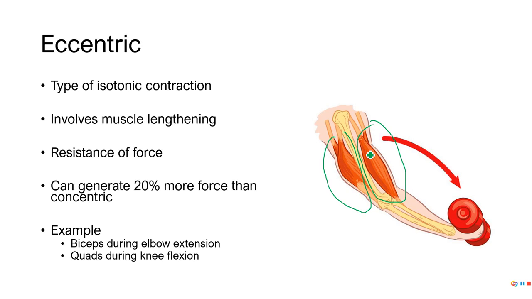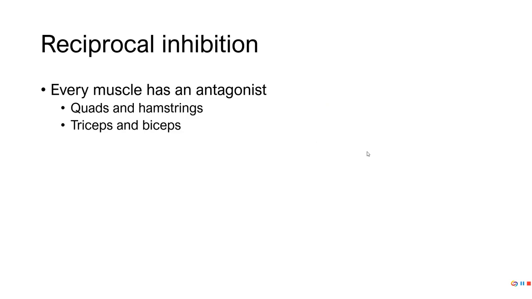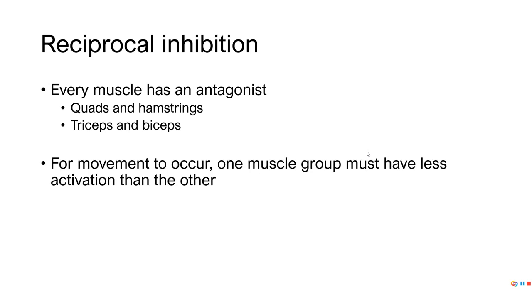This leads to something called reciprocal inhibition. Every muscle has an antagonist. Quads have the hamstrings and vice versa. The triceps have the biceps and vice versa. The flexors have the extensors. Those are antagonistic muscles. For movement to occur, one set is going to be activated and the other set is going to be inhibited, inactivated, or at least less active than the others.